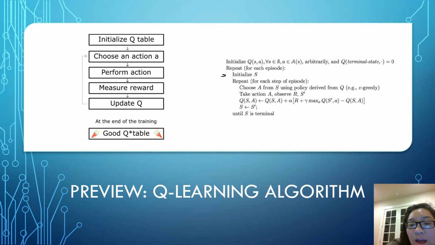You initialize a state and you choose an action within that state that's most optimal. You take that action and you observe the rewards in that new state. You update the action value function in that state given that action using the Bellman equation, and then you go into a new state and you repeat each step for each episode until S is terminal, or until you reach the end, and you repeat for each episode.